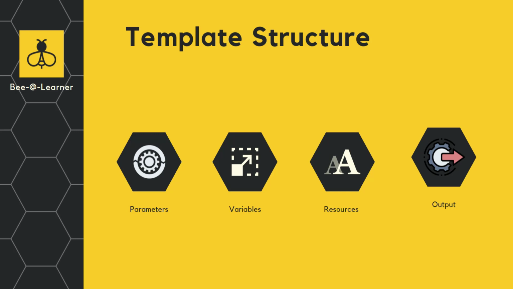That's one of the examples. Apart from these four sections, you have a number of built-in functions available within the ARM template which you can use to write your ARM templates more robustly.